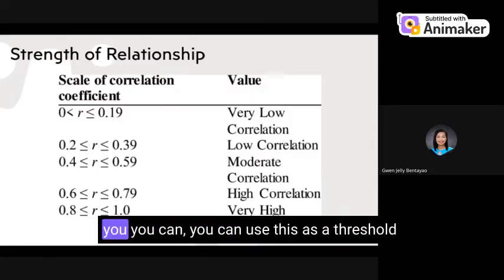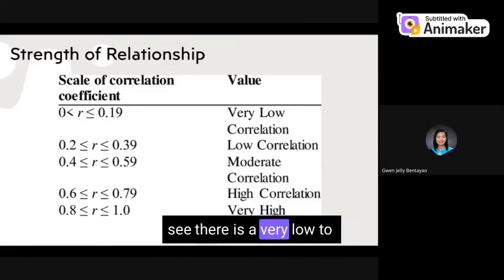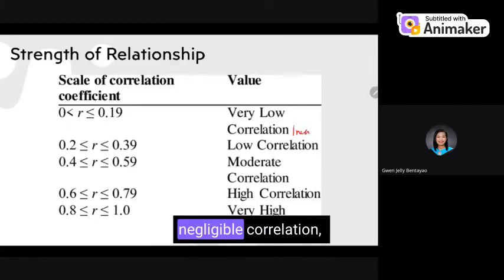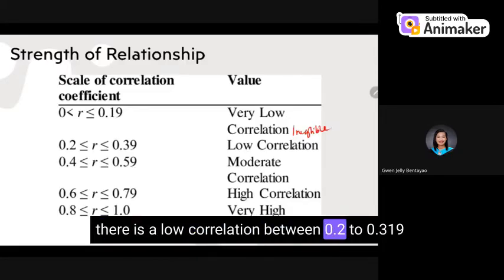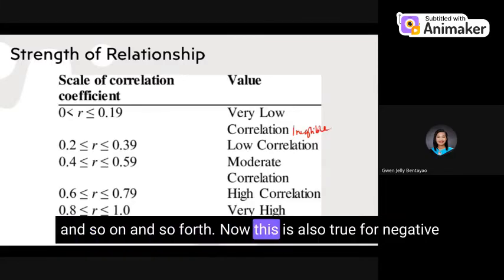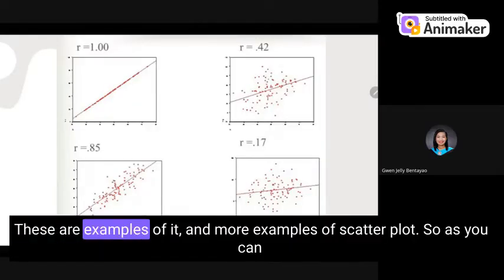Now, you can use this as a threshold to interpret the result. As you can see, there is a very low to negligible correlation. There is a low correlation between 0.2 to 0.39, and so on and so forth. This is also true for negative correlation. These are more examples of scatter plots.